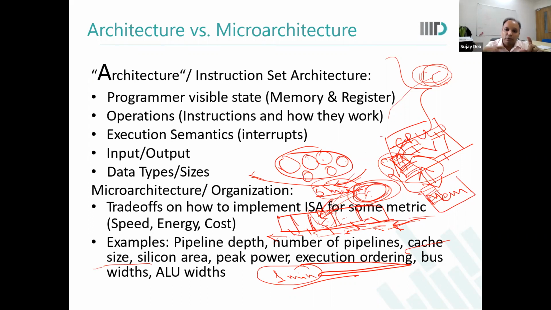What actually gets manufactured, fabricated, or implemented is governed by the microarchitecture. Functionally, they have to be similar, because functionality-wise it should not be different.